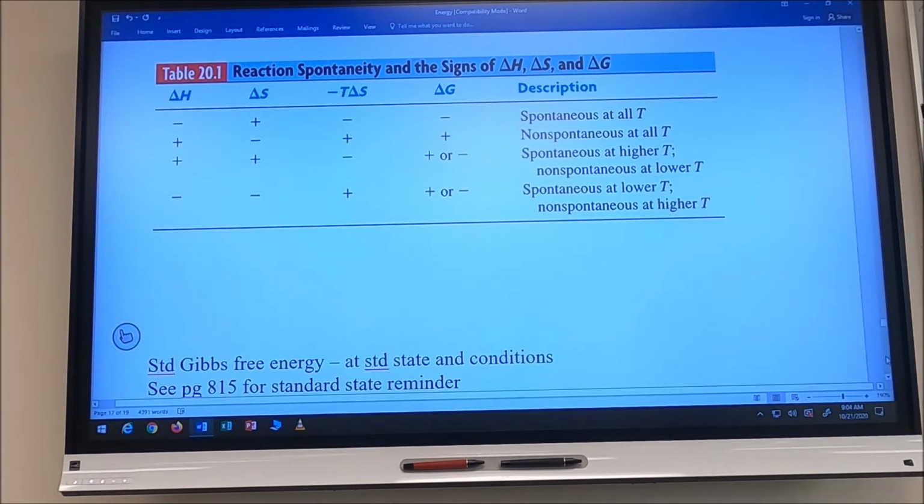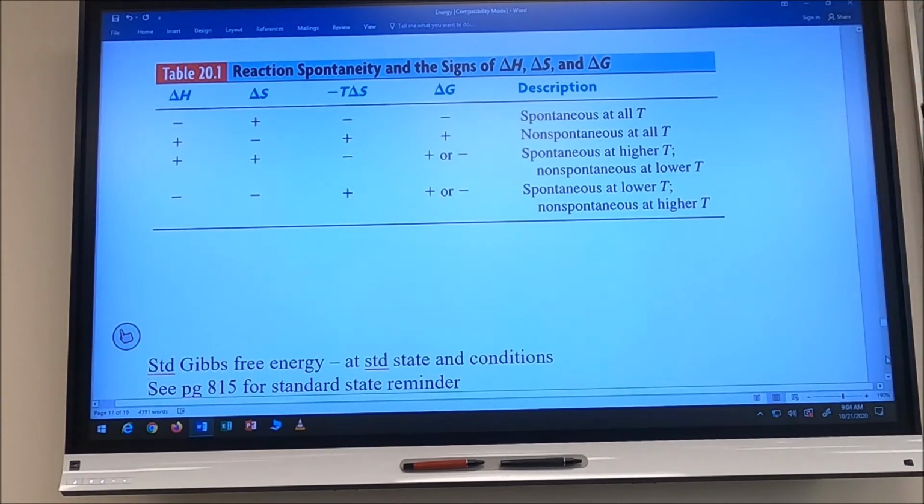It's change in enthalpy and it's change in entropy. If delta H is negative, it's an exothermic reaction, and delta S is positive, so that we're having an increase in entropy, then delta G is going to be negative at all temperatures.